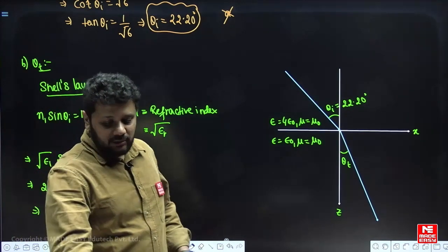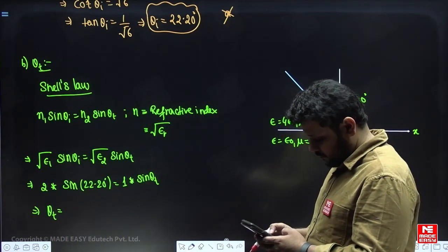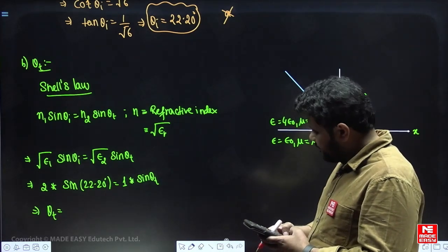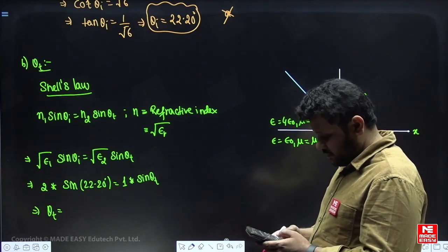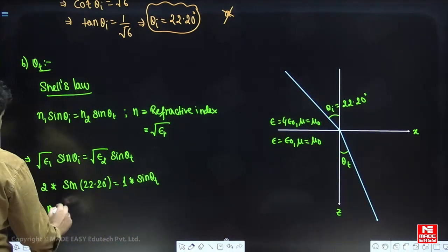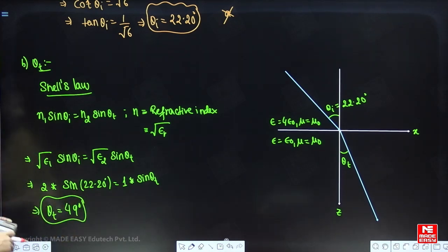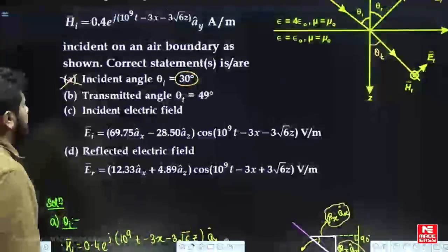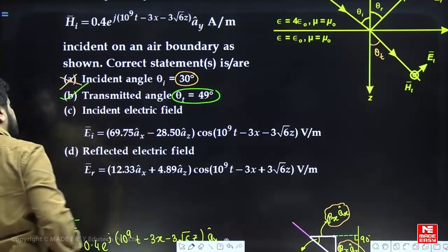Using the calculator, sine of 22.20 into 2, then sine inverse of the answer, 49 degree, right? So it is coming around 49 degree. Let us see whether theta t is 49 degree as given. Yes, theta t is given as 49 degree. That means option B is absolutely correct.